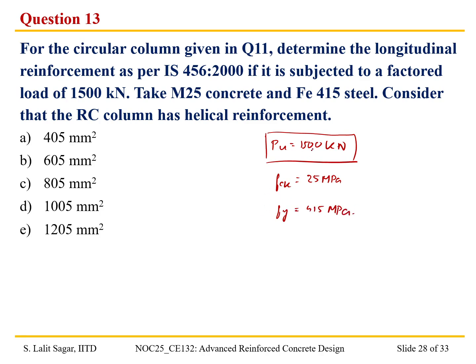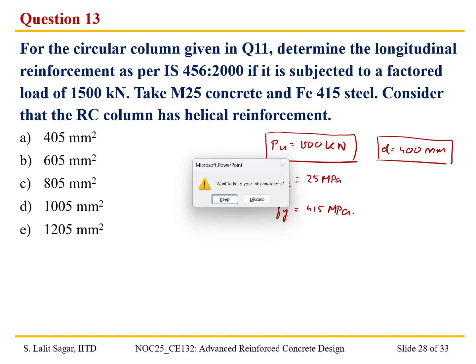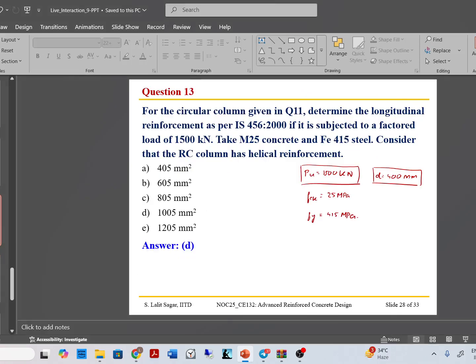Let us consider a circular cross section of diameter 400 millimeter, D is equal to 400, with helical reinforcement. We need to determine the longitudinal reinforcement. I'm going to copy it to the next slide.